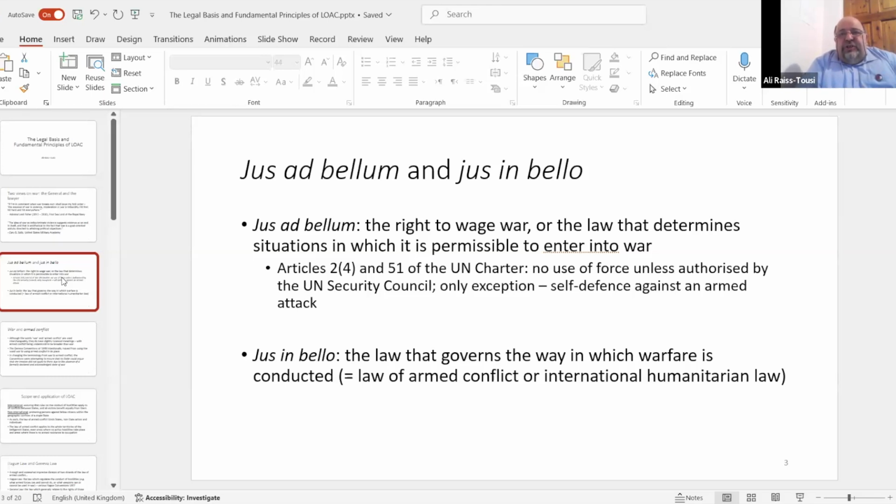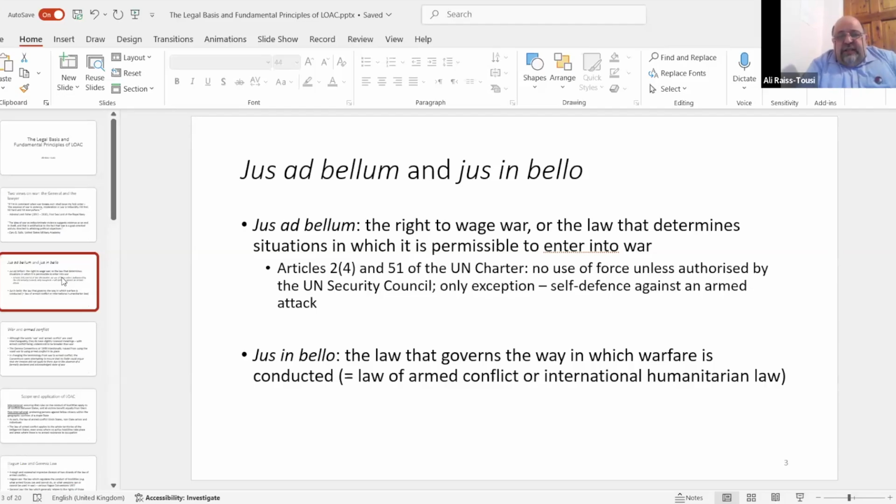The UN Security Council called for an international coalition to enter into a war to remove Iraqi troops from Kuwaiti territory. Only these two circumstances. Other than this, there is no right to wage war.